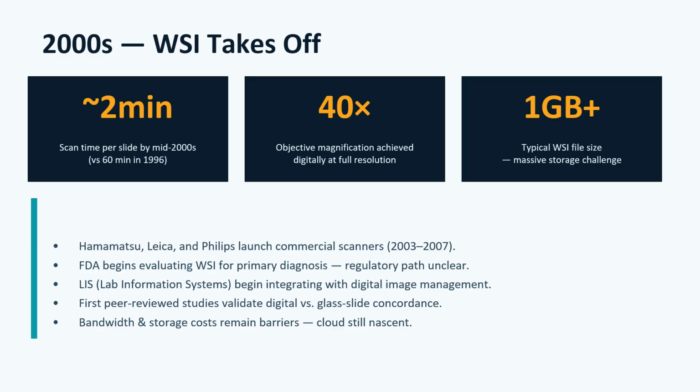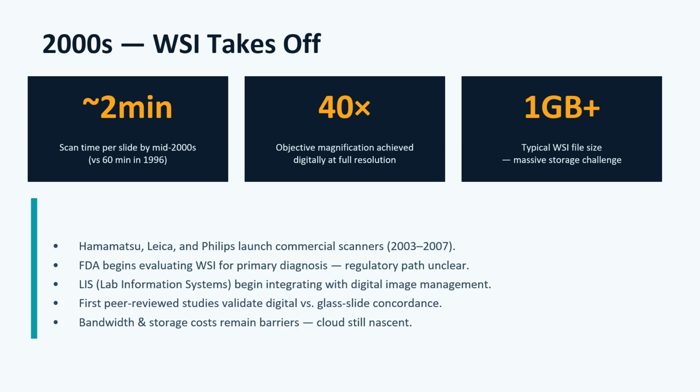The 2000s in the field of digital pathology was about hardware catching up. Scan times dropped dramatically from an hour in 1996 to around 2 minutes in the mid 2000s. Full 40x optical magnification could now be captured digitally, but the image files were massive, 1 gigabyte to 4 gigabytes for a single slide.